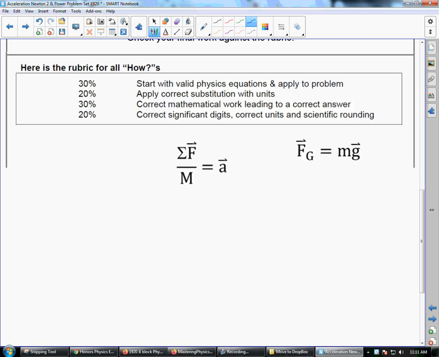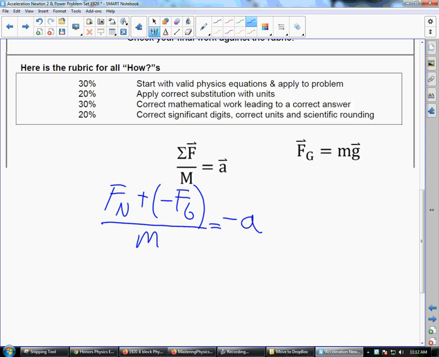That means I have a positive normal force plus a negative force of gravity. So I'm filling in that top part over the mass, and that equals, and my acceleration I said was down, that equals a negative acceleration. Right, because the vectors, I have to put in the directionality.